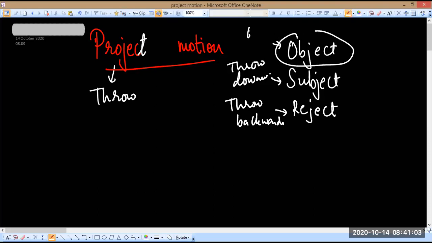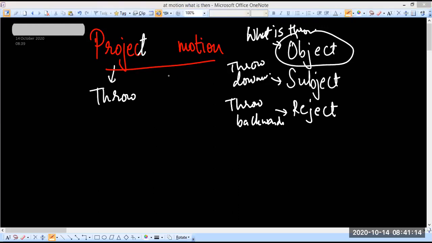Object is the thing that is thrown, or what is thrown, that is called object. But now of course the meanings have changed over many centuries. Now we are using it for a totally different thing. Now if someone is going to say project, then you are not going to say throw, right?